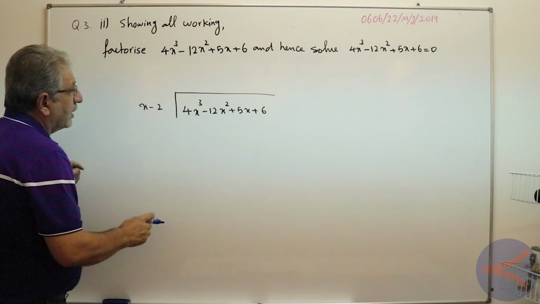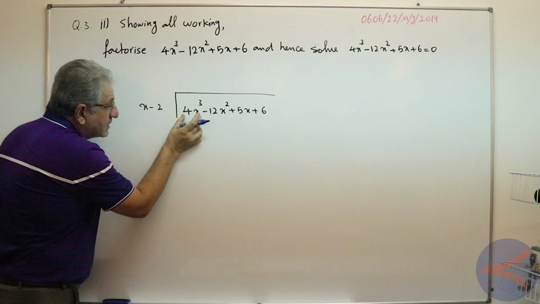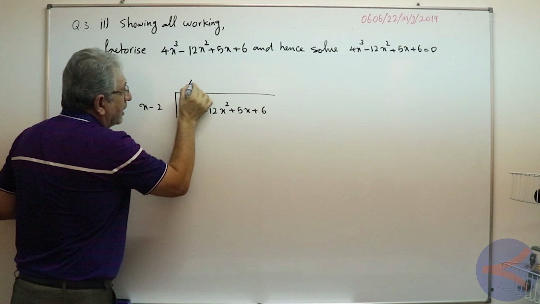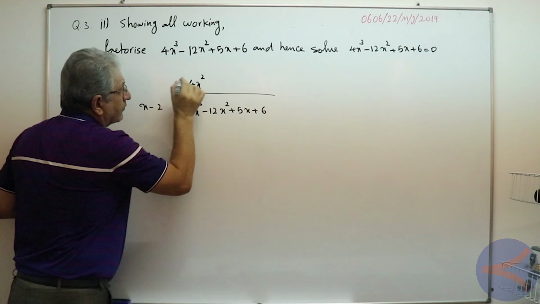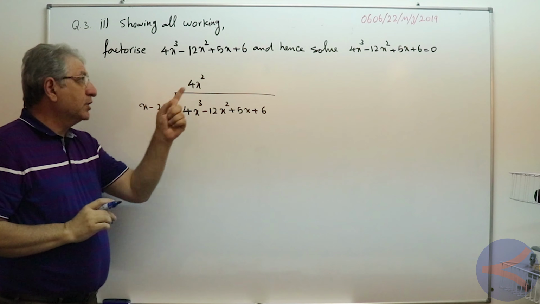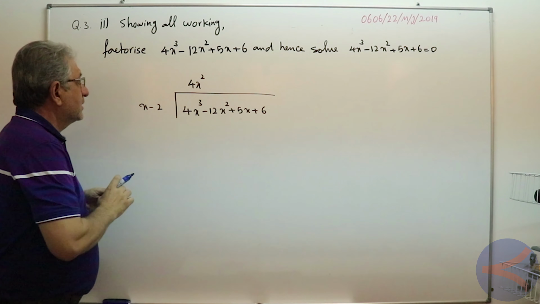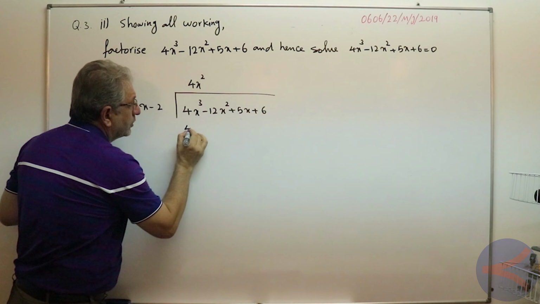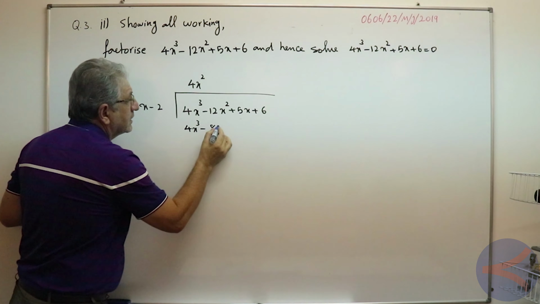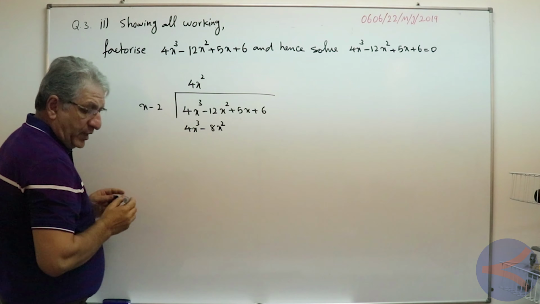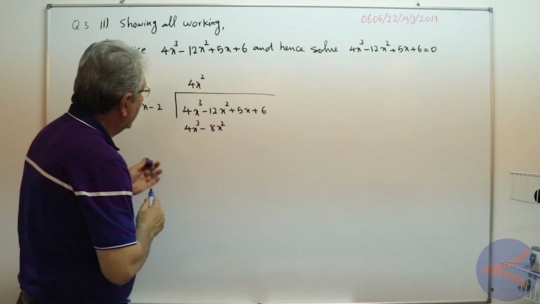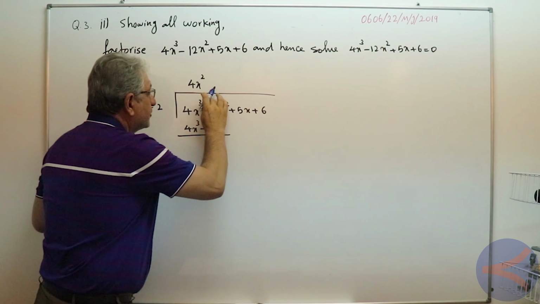Now, how to divide? First of all, you divide this by x. This divided by x, you are getting 4x squared. Correct? Now multiply this by this, so we get 4x cubed minus 8x squared. Now you need to subtract this from this.